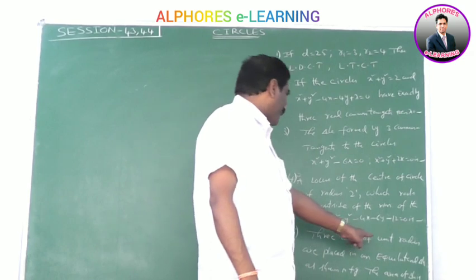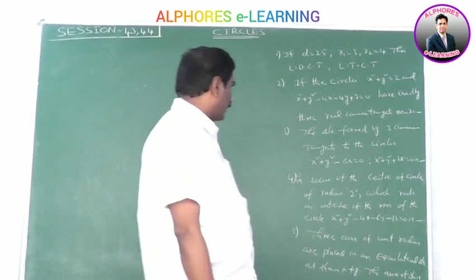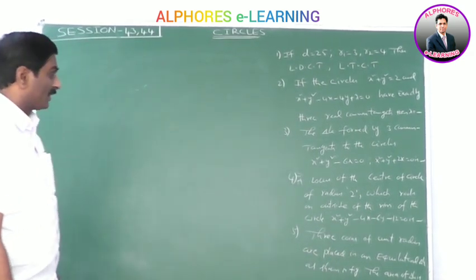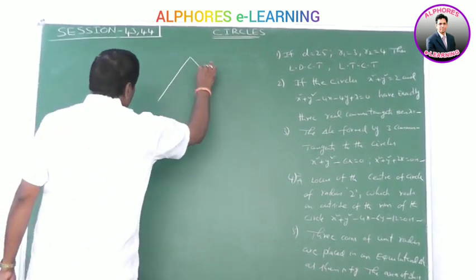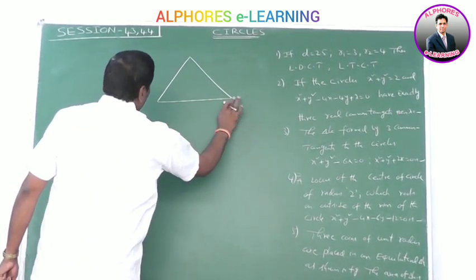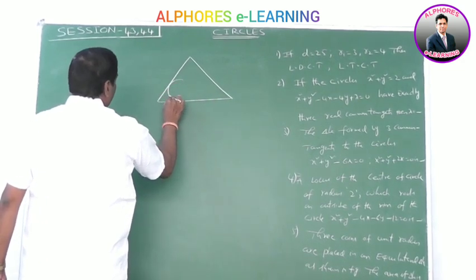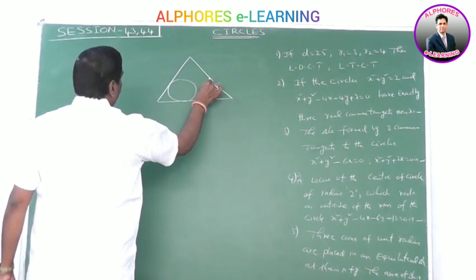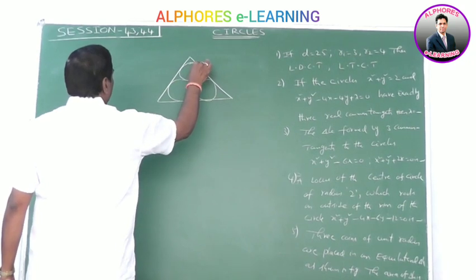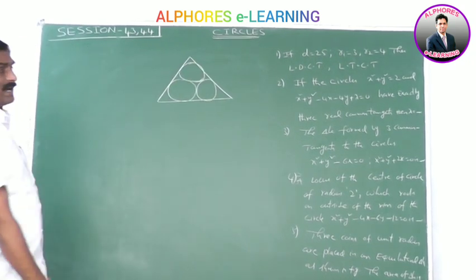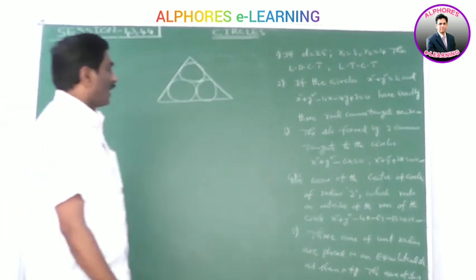Three coins of unit radius are placed in an equilateral triangle as shown in the figure. The area of the triangle is dash. Please note this diagram also. It is an equilateral triangle with three coins of unit radius.